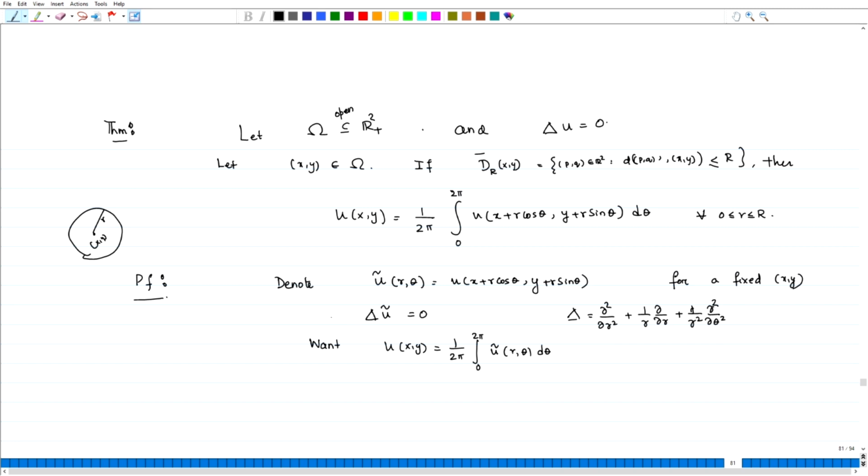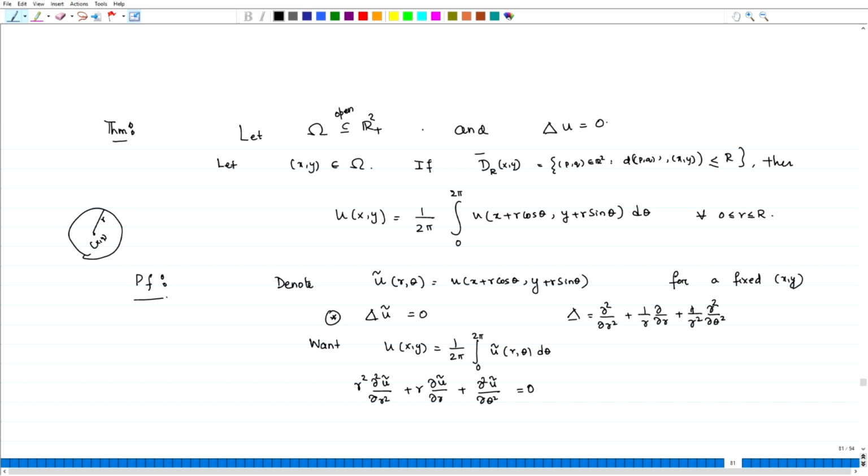Now, if I apply the Laplacian, let us write down r square del square u tilde by del r square plus r times del u tilde by del r plus del square u tilde by del theta square equal to 0. I just multiplied by r square, because delta of u tilde is equal to 0.